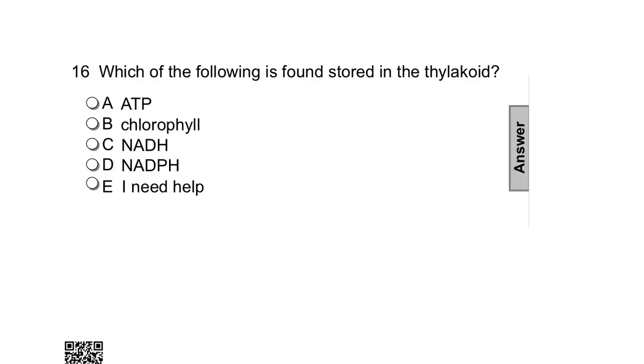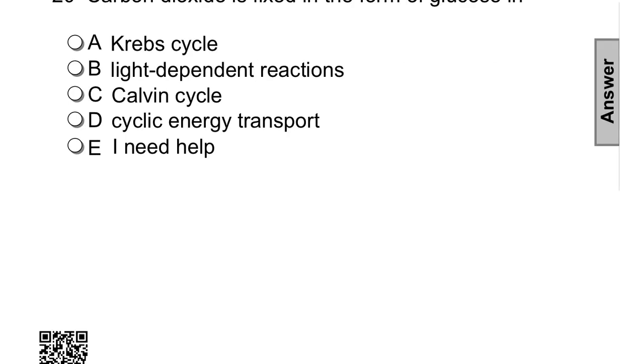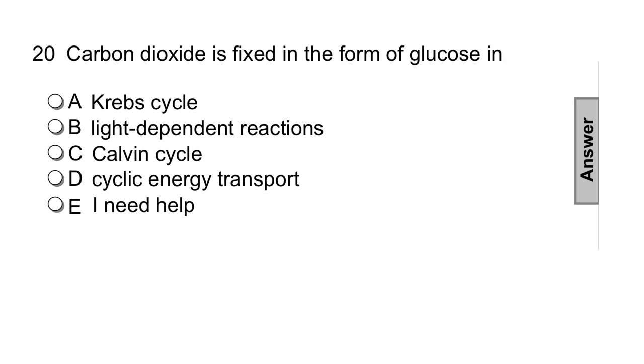So let's do some of these review questions. Which of the following is found in the thylakoid? Well, that's where the chlorophyll is. Carbon dioxide is fixed in the form of glucose in the dark reactions.